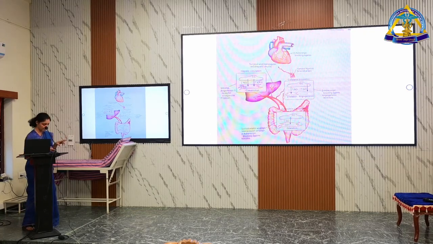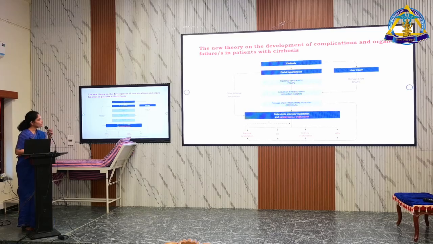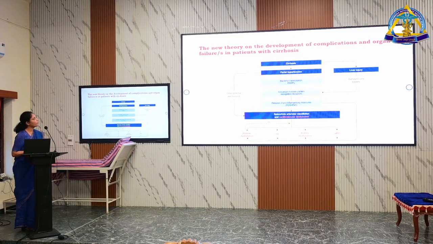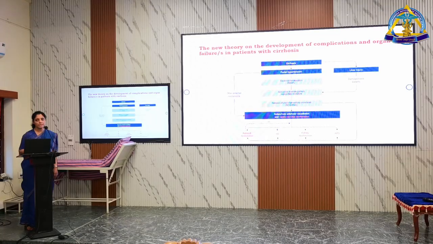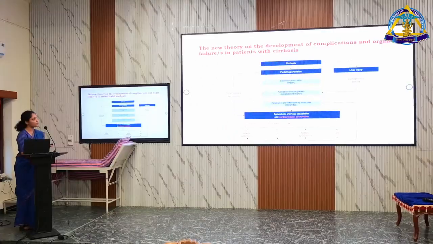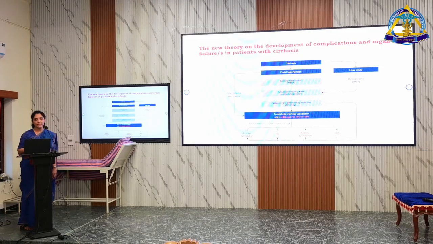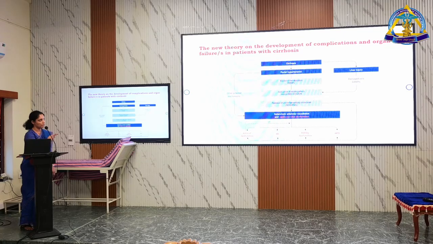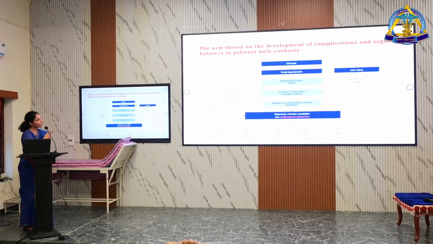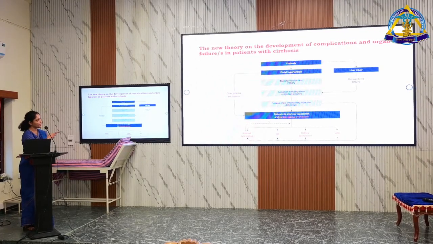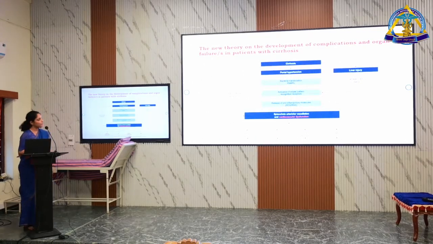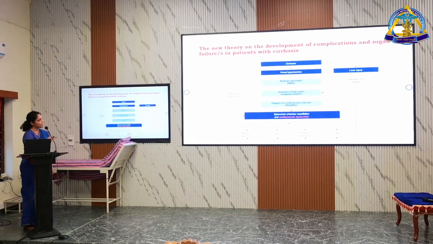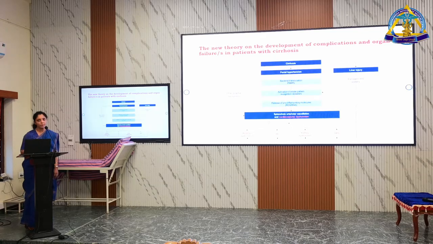So what's the new theory in the development of complications and organ failure in patients with cirrhosis? The most important factor in the pathophysiology of cirrhosis, as we said, is portal hypertension. That's where the balance is gone for the liver. So in cirrhosis, a portal hypertension develops. As we said, there is gut bacterial translocation and pathogen-associated molecular patterns.